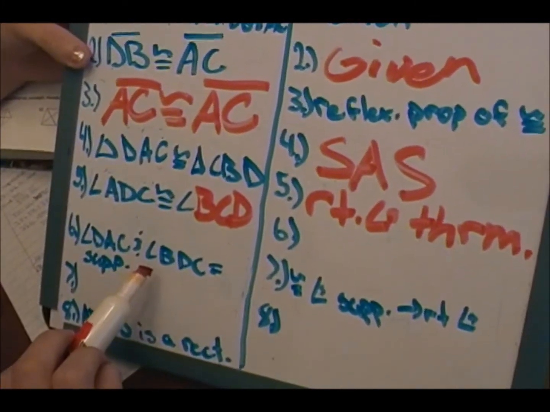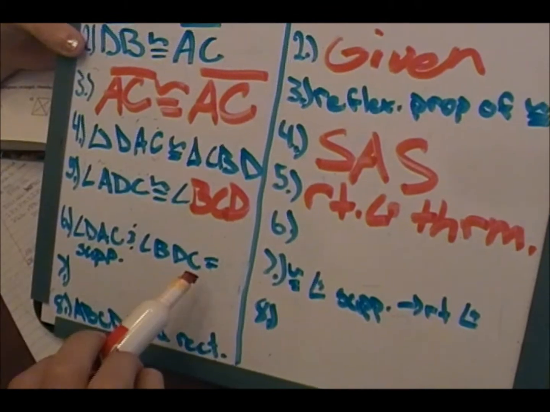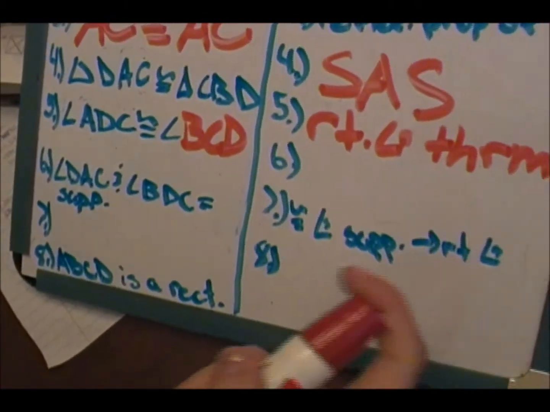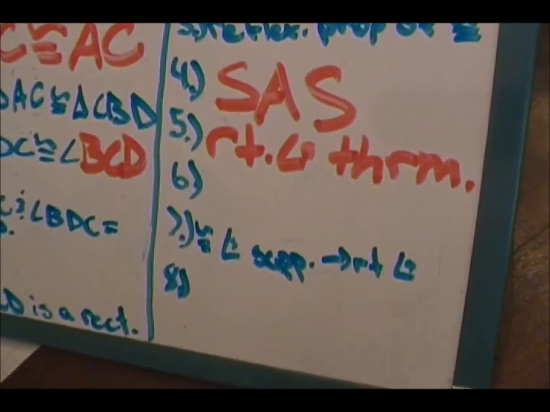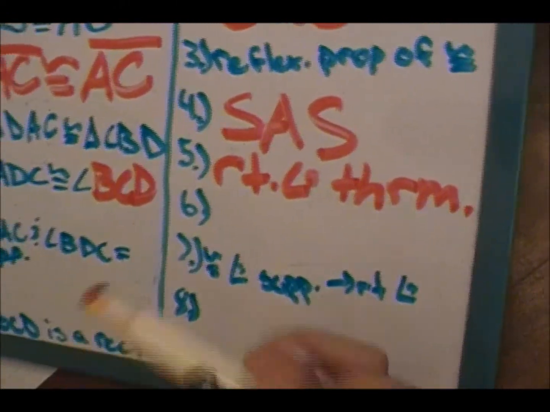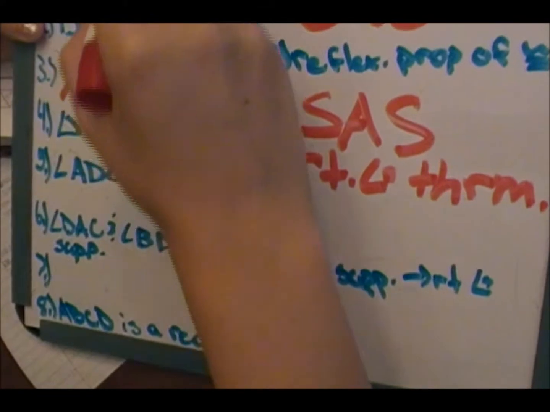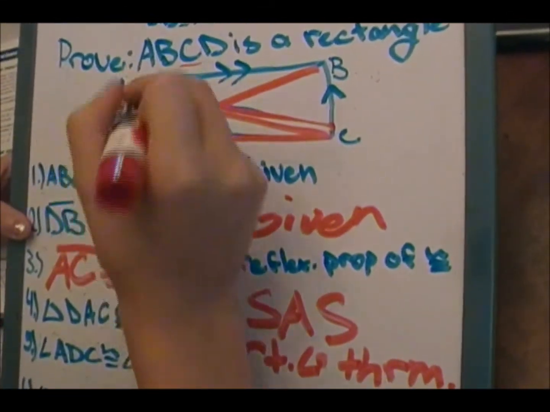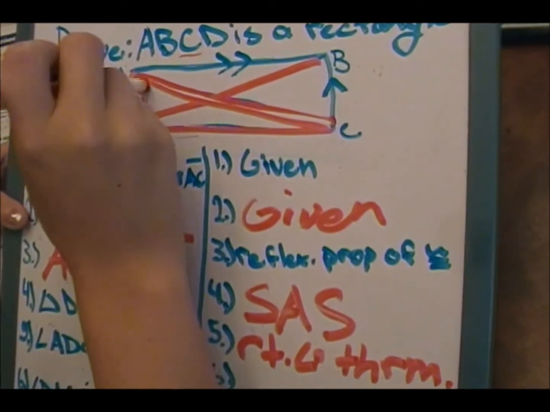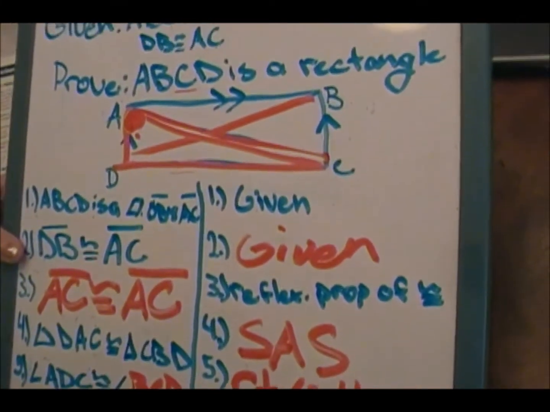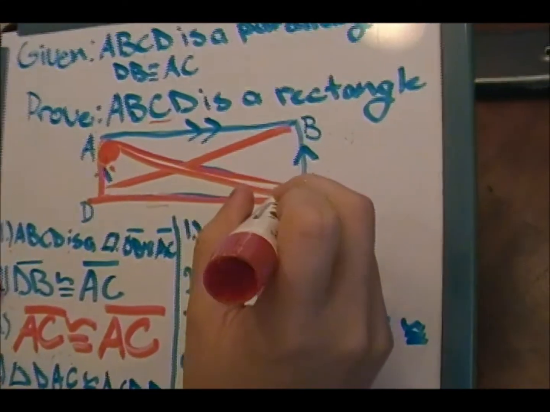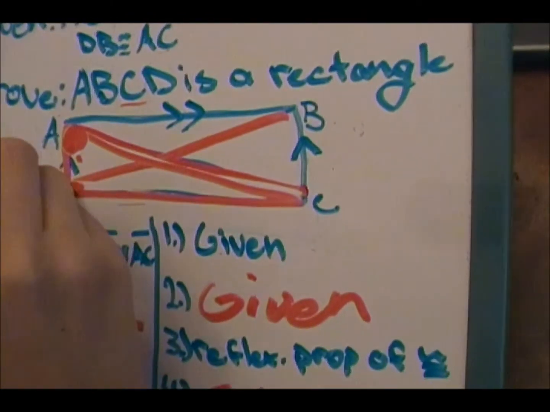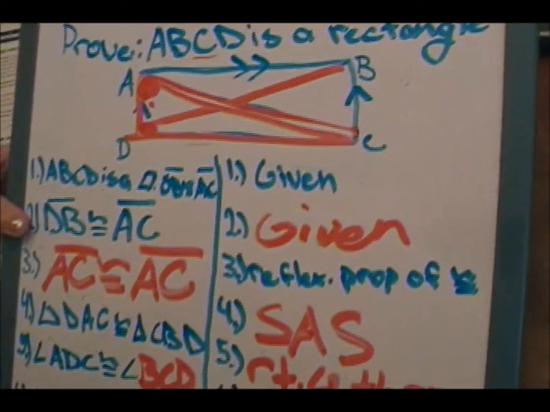Angle DAC and angle BDC are supplementary, which means they are supplementary because they are corresponding angles. Angle DAC is this angle right here, and BDC is just this angle right here, they're corresponding.